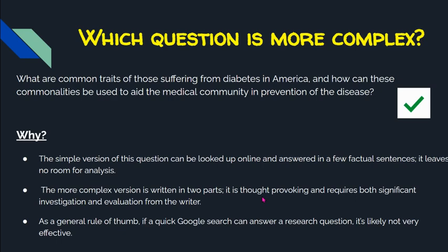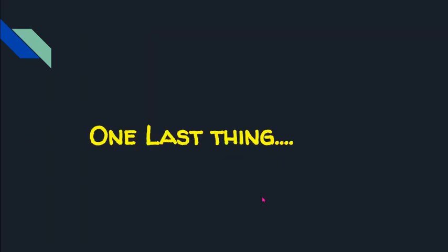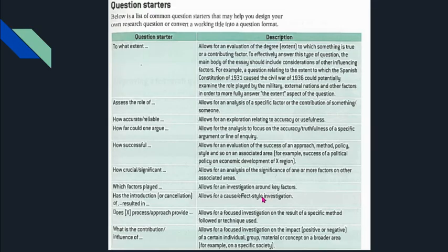Okay, so on that note, and one last thing I want to talk about, this is an excerpt from your extended essay textbook. If you go to the chapter on research questions, this is something that the IB definitely looks for in your questions. So on the screen, what you can see is there's a list of question starters that can help you design your own research question.